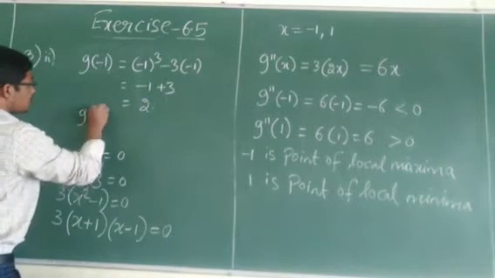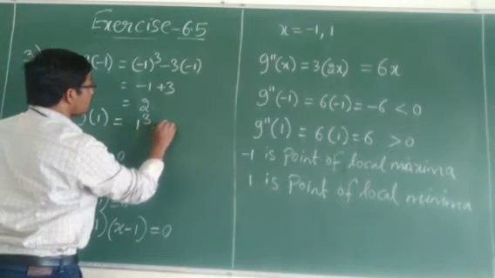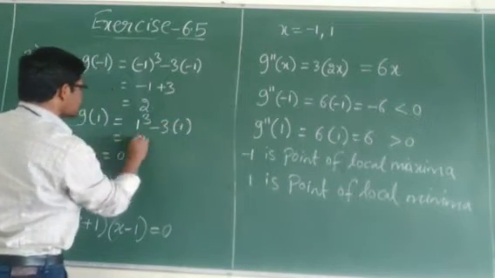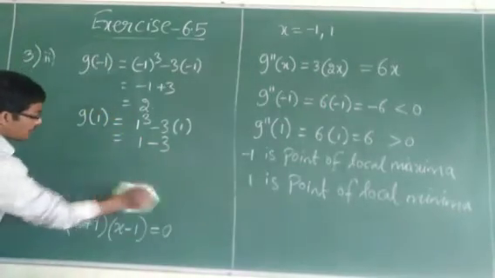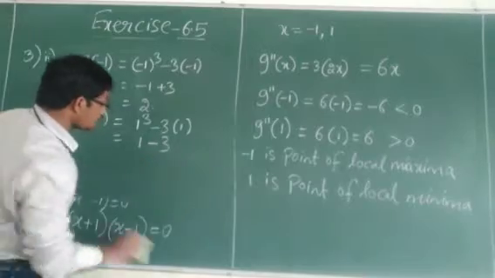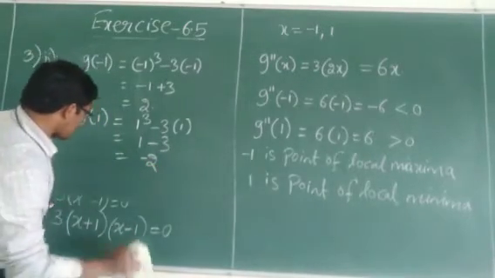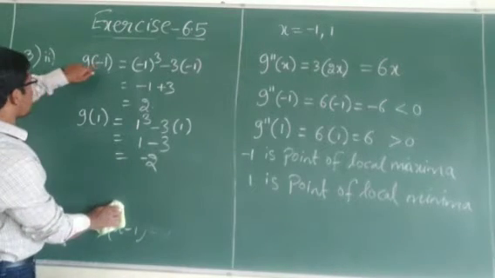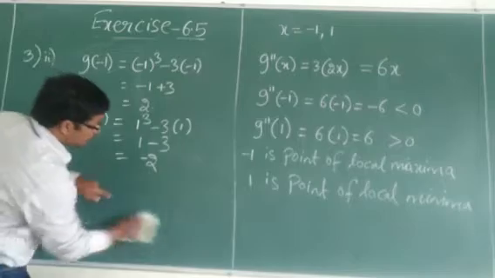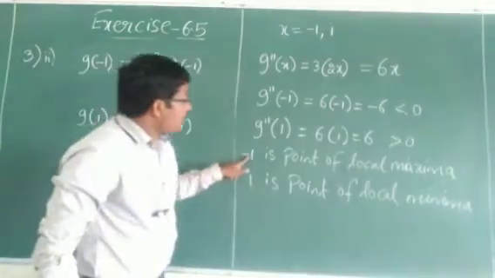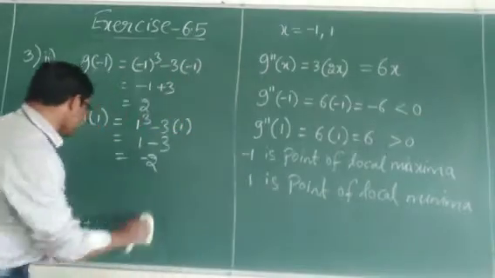And g of 1 is equal to 1 cube minus 3 into 1, which is 1 minus 3, equal to -2. So -1 is giving you +2 and 1 is giving you -2. Therefore -1 will give you the maximum value and +1 will give you the minimum value.